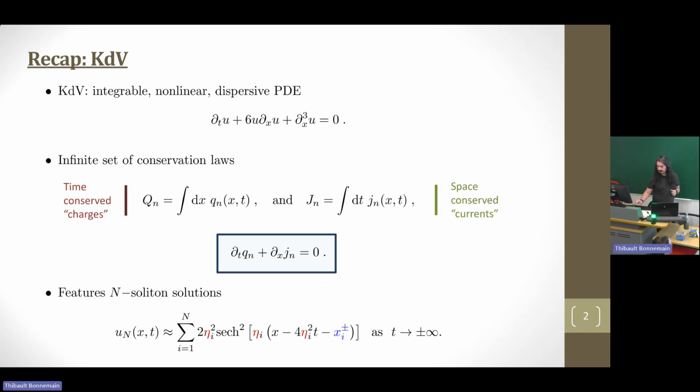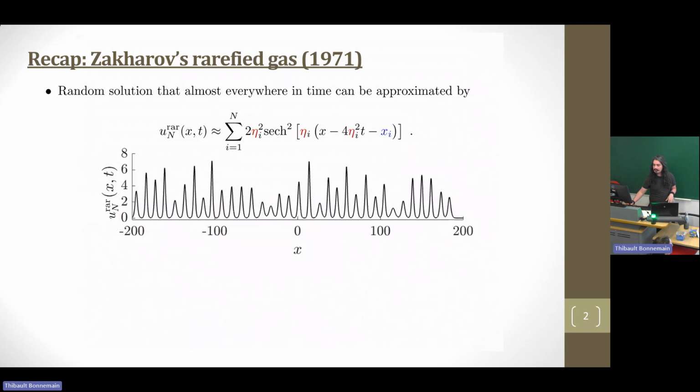Right. So last time I introduced the notion of Soliton gas through a toy model that was discussed first by Zakharov in 1971, which is called the rarefied Soliton gas.